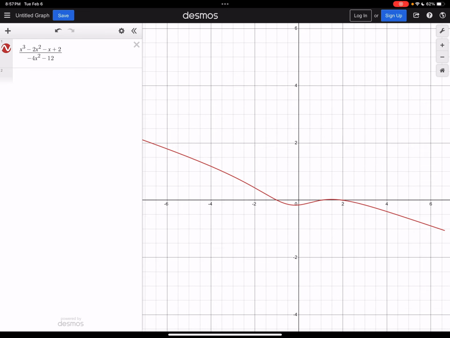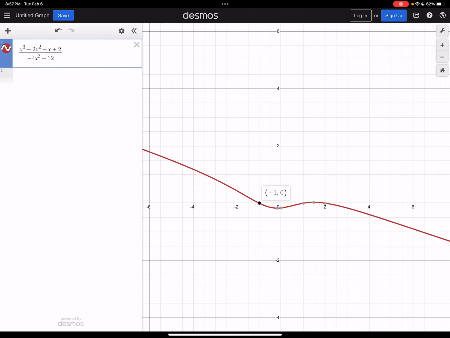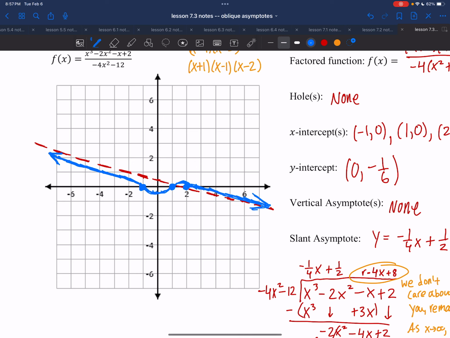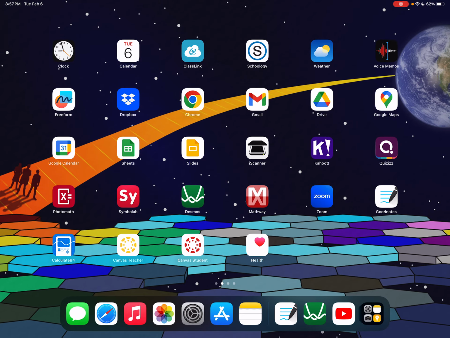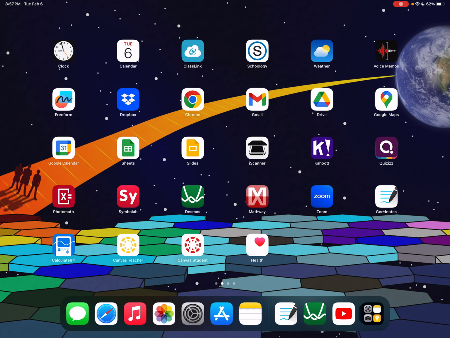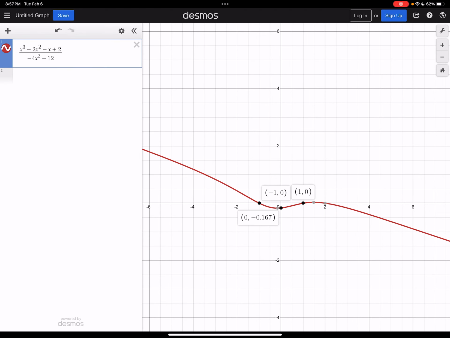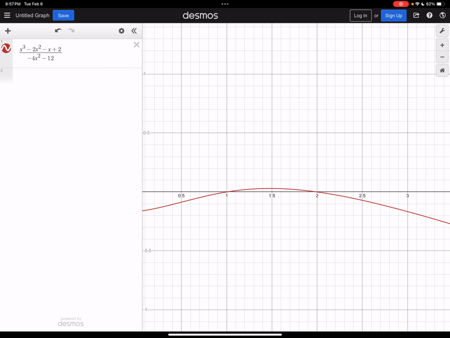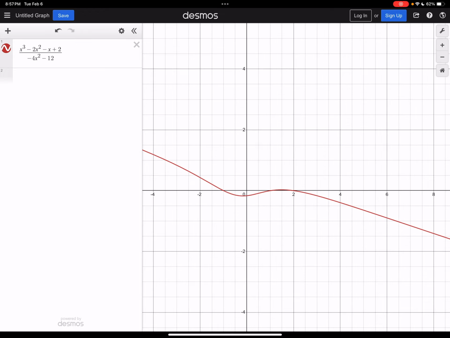That's what we graphed, right? Negative 1. Did we not plot the y-intercept? Oh, I guess not. Whatever. It's right there. That's fine. It is negative 1/6. That's what we had. 1, and then 2. I see it just barely goes above the x-axis and then comes back down, right?